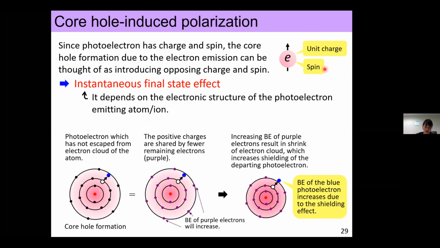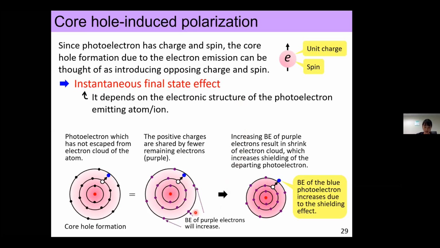This is an instantaneous final state effect. Instantaneous means this effect alters the kinetic energy of the electron before it escapes from the atom. Therefore, the degree of this term depends on the electronic structure of the photoelectron emitting atom or ion.